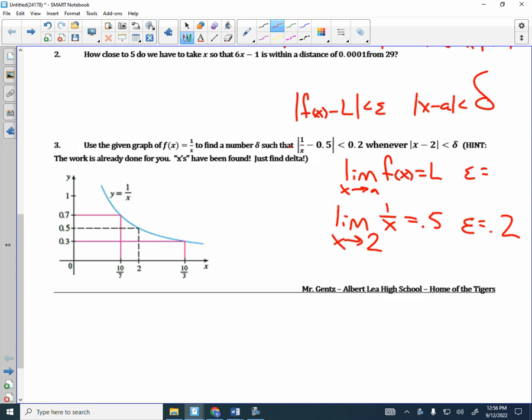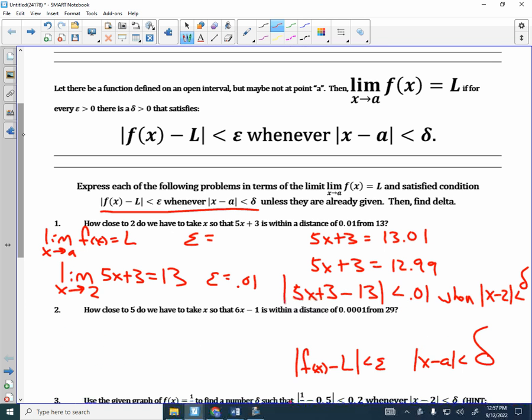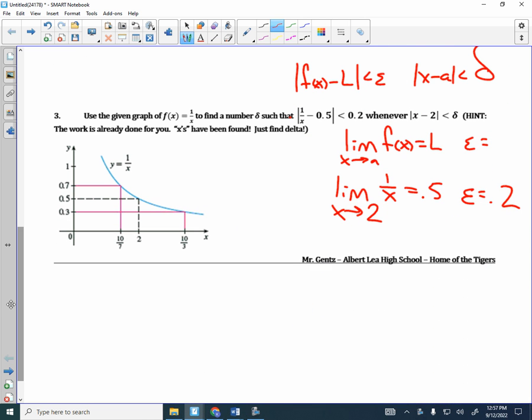Any confusion how we came up with any of those values? Okay, right here. Look at this definition: absolute value of f of x minus L is less than epsilon. You see that? See how the epsilon is right there? That means that 0.2 is epsilon. See how it's in the same spot?